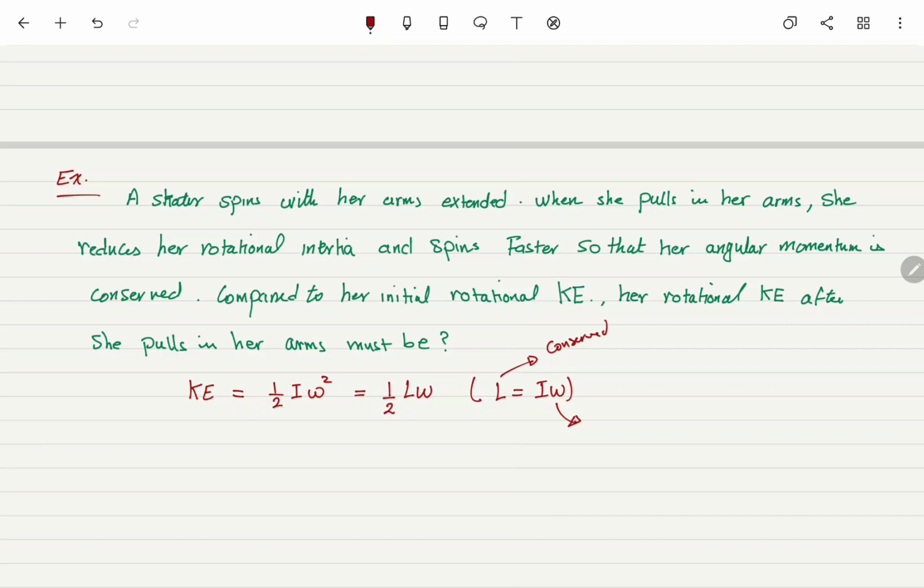The extra energy comes from work she does with her arms. So to answer this one, the rotational kinetic energy after she pulls in her arms must be larger because she's rotating faster.